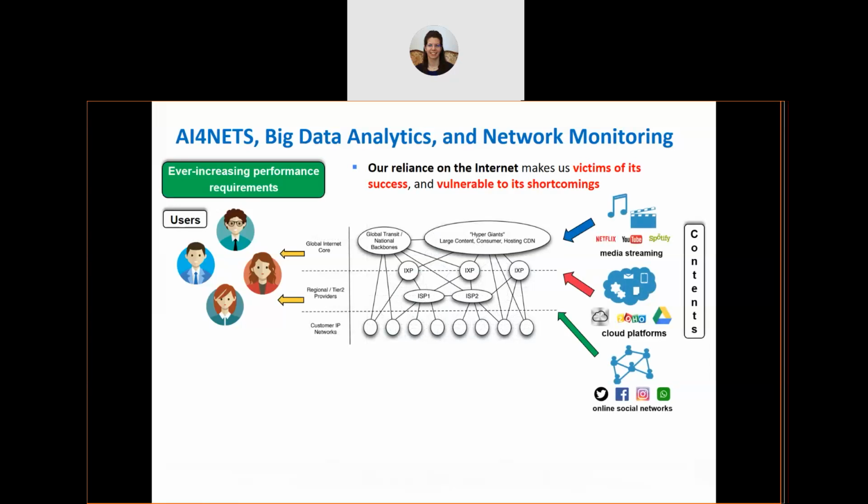One is to feed contents to the end users. Today we can talk about the Internet of Contents, where hyper giants, large content providers, are modifying the architecture of the internet itself. The internet is much more flat, because there are not so many clear distinctions between certain ISPs, content providers, and so on.